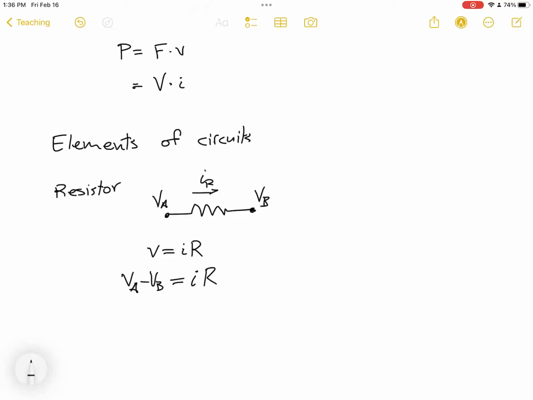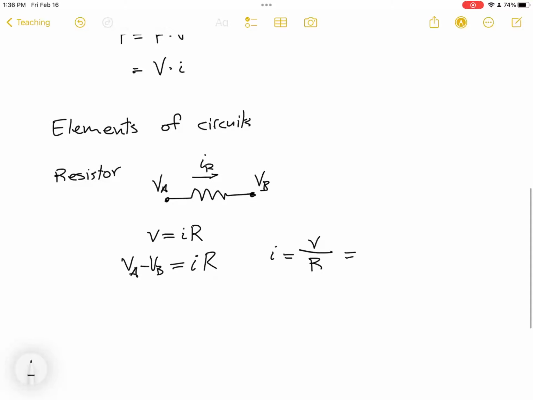You can also write that as the current is equal to V over R. Again, that's the voltage across the resistor that we're measuring, so VA minus VB over R.